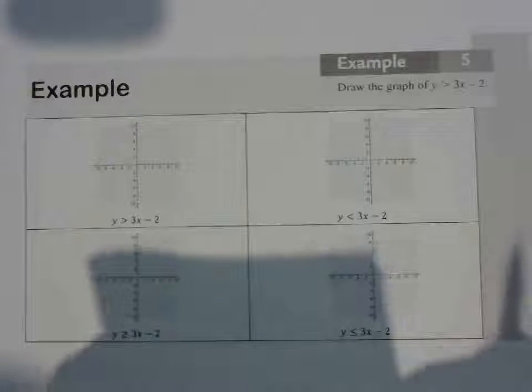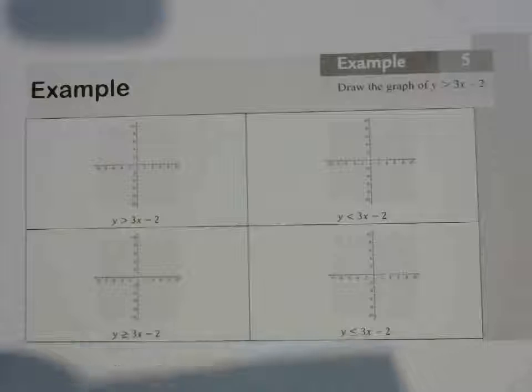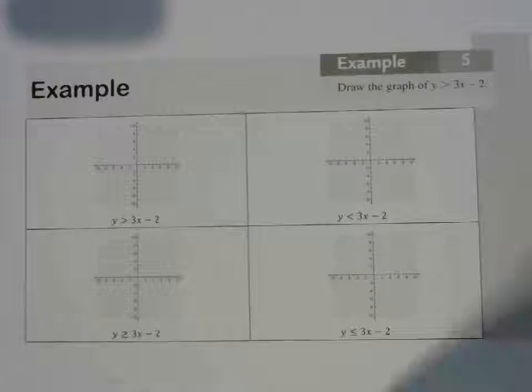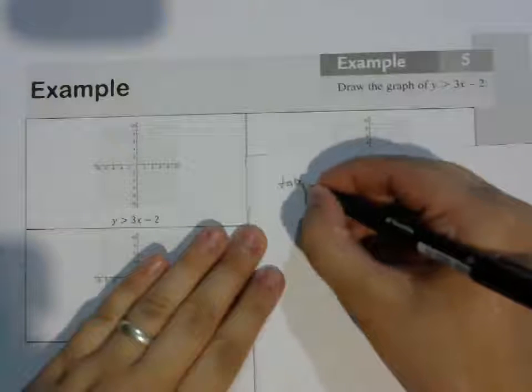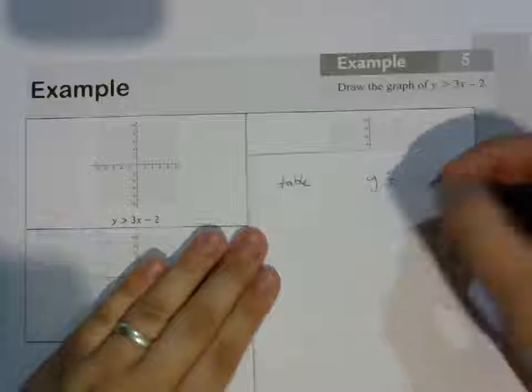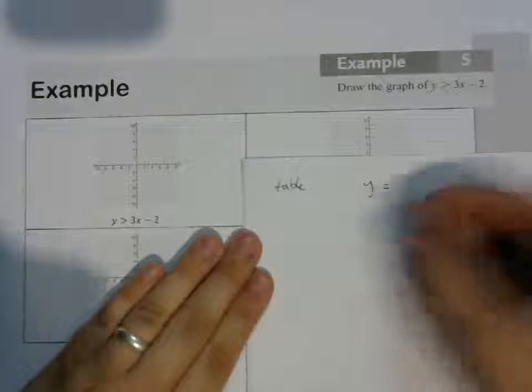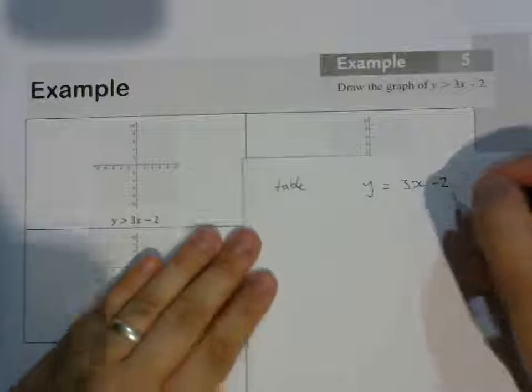Now, to begin with, we are going to have to graph the line. So I'm going to choose to use the table method to graph the equation, and I'll put an equal sign, but that could be any of the signs. Y equals 3x minus 2.